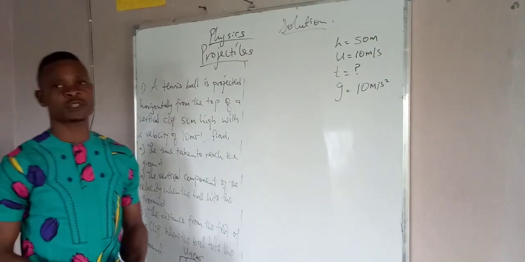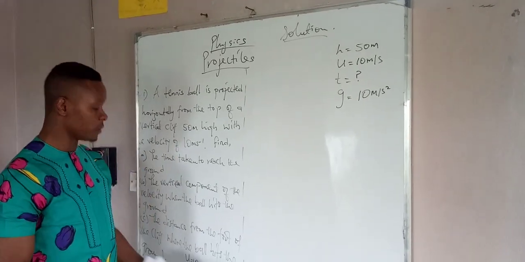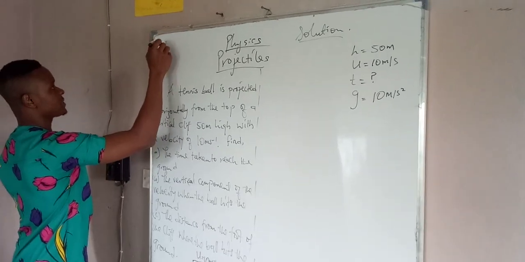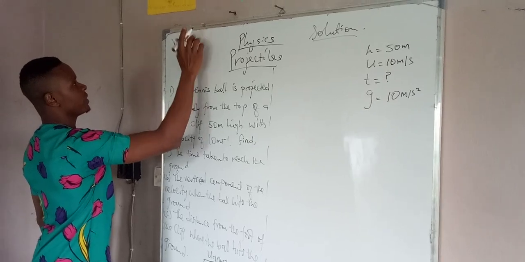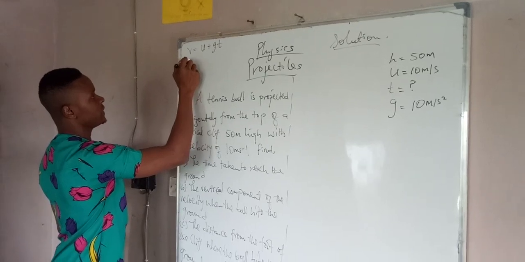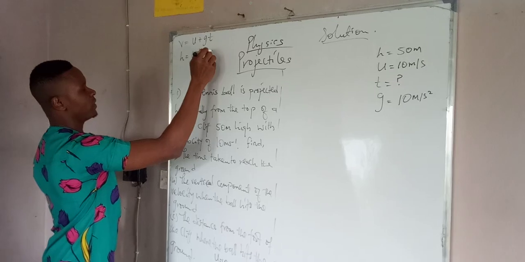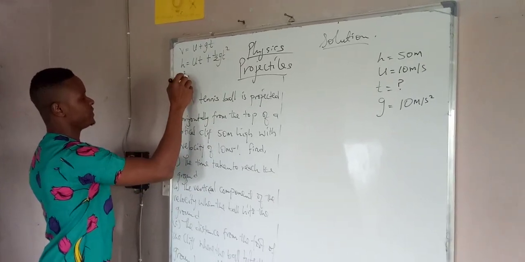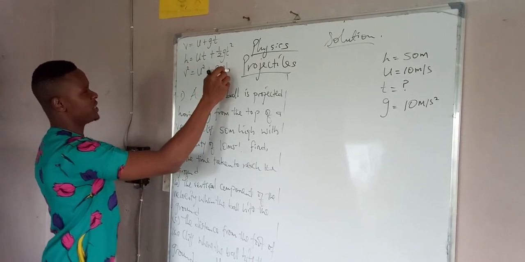Okay, so which of the equations of motion would allow us to solve for the time taken to come down? If we recall the three equations of motion, the first one is v equals u plus gt. The second one is h equals ut plus half gt squared. And the third one is v squared equals u squared plus 2gh.